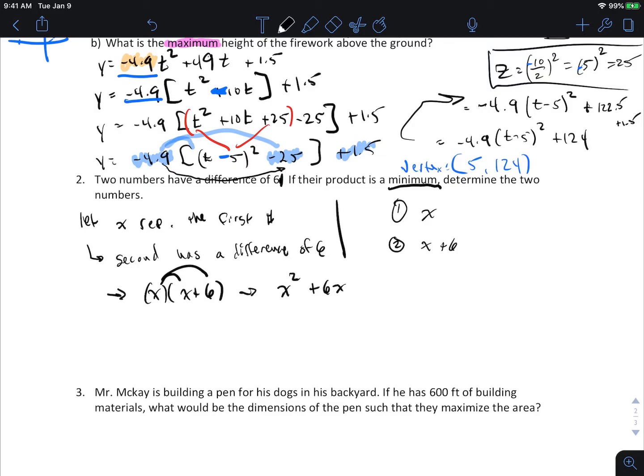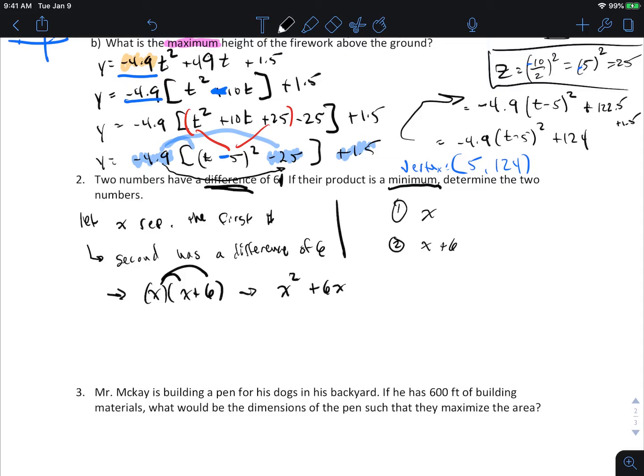So it said they have a difference. So should I have used a plus sign or a minus sign? Does it make a difference? I don't know. We could do the question twice and see if we get the same answer. I typically say if I see the word difference, I use the subtraction sign.